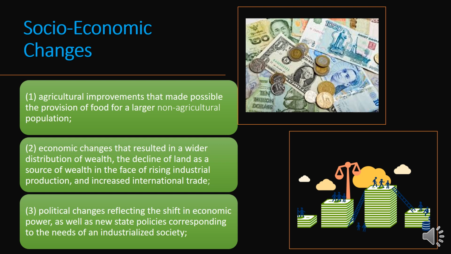Big industrial plants came into being during those times due to the change of the factory system. Then secondly, the economic changes resulted from this shift from agricultural to non-agricultural sources of living. The distribution of wealth became wider, not just the landowner has the wealth and the peasants are the ones to till the land.